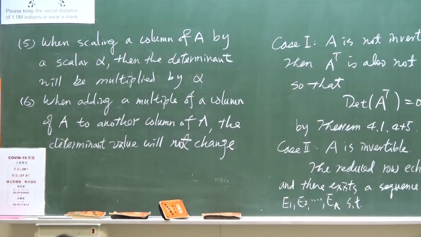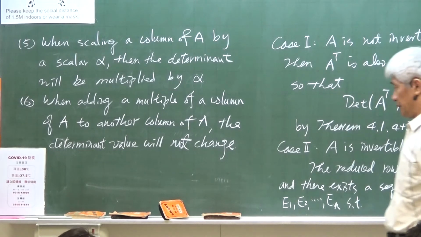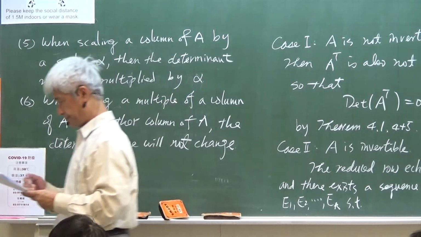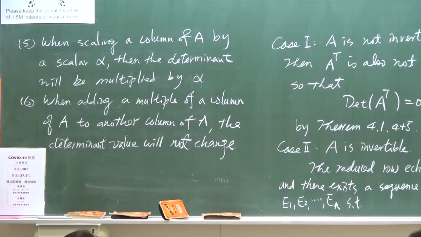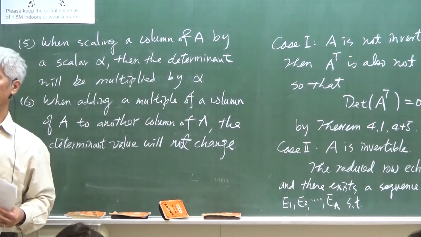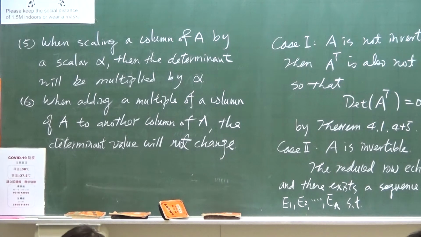So this fact gives us a lot of degrees of freedom to deal with determinants of square matrices, because we can do column operations as well as row operations. Questions? And we will explore this later.